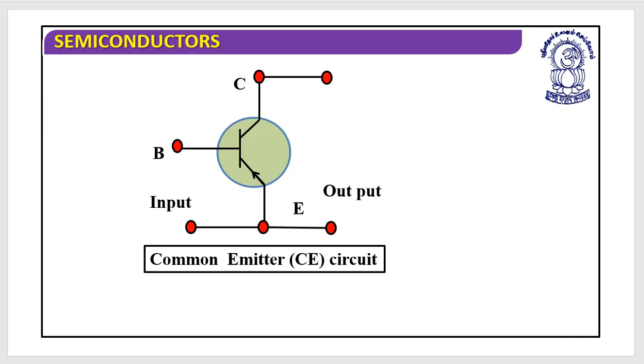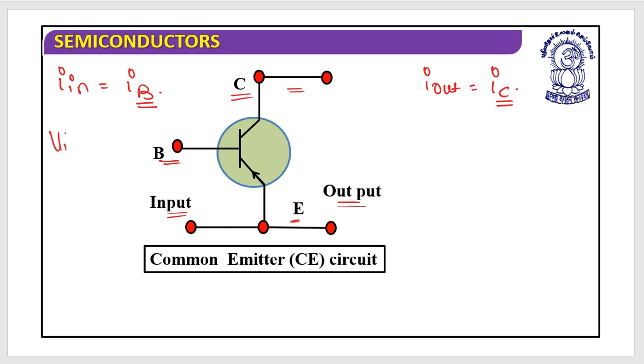If you want to see the schematic of it, it is something like this. This is the base terminal, this is the emitter terminal, which is on both sides, on the input as well as on the output, and the output is collected from this collector. If I talk about the I input, that is equal to IB. The I output is equal to IC, the collector current.